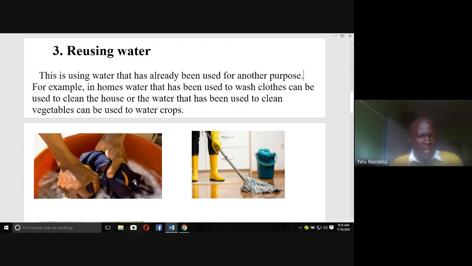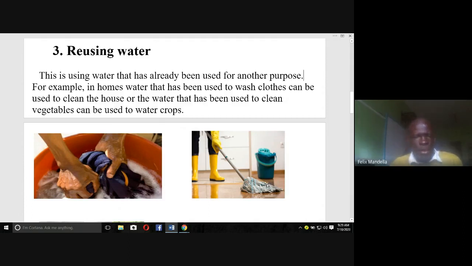So this is saving water. This person has saved water that he or she could have used to clean the floor if he could have poured off this water. So this is a way of conserving water, avoiding wastage, using water that you have used to clean the clothes to clean the floor.